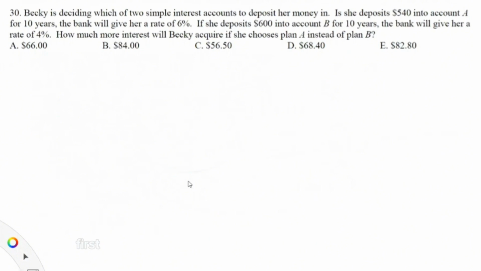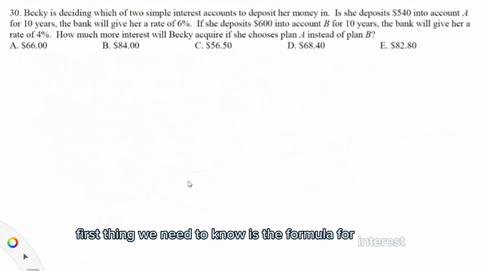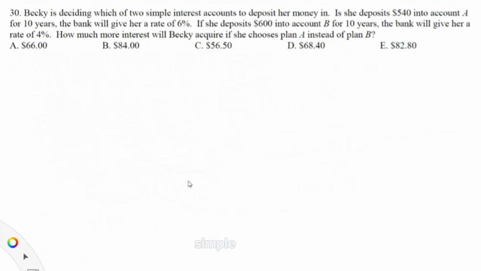Alright, let's look at this. First thing we need to know is the formula for interest when dealing with simple interest. So interest equals PRT. Price times rate times time. Alright, so let's take our 2 plans, plan A and plan B. The price for plan A is $540.